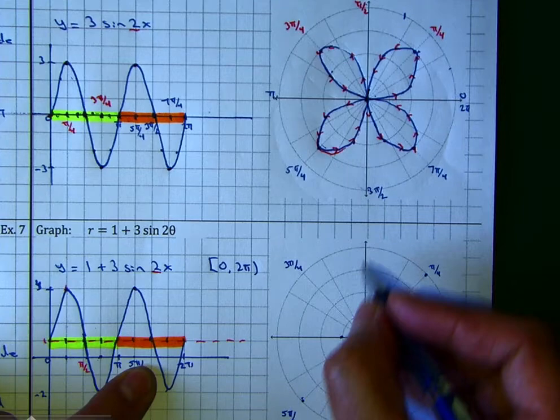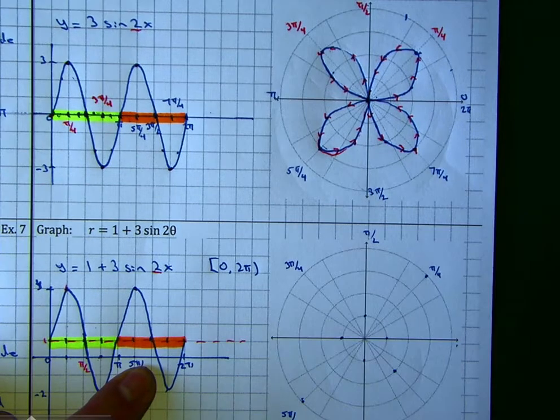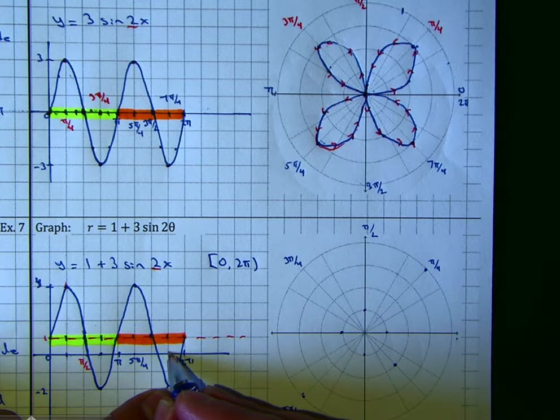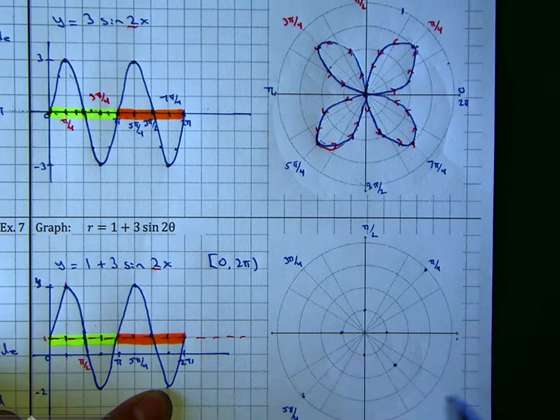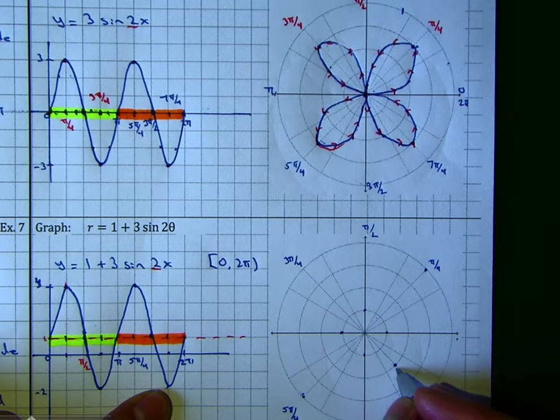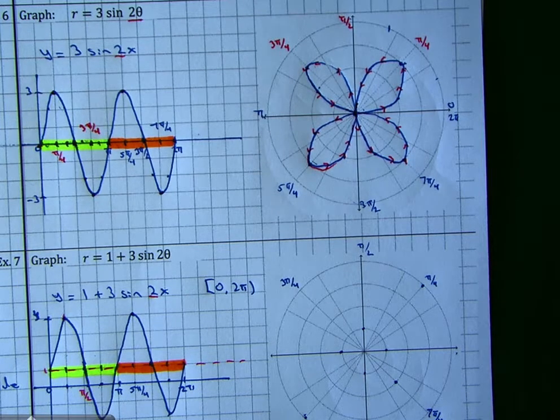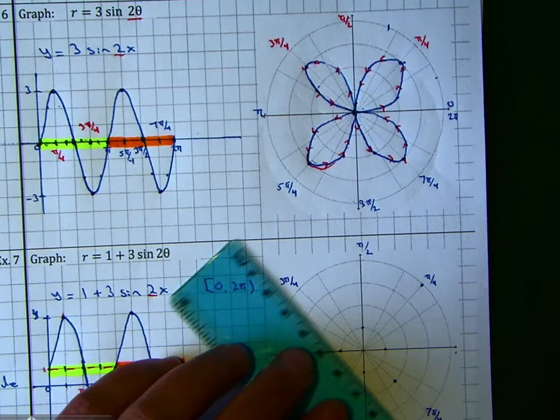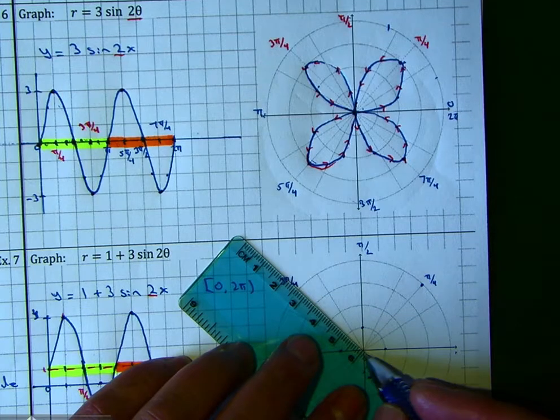This is pi over 2, 3 pi over 2. This will be 7 over 4, which is negative 2. So 7 pi over 4 is negative 2. So therefore, we are going to shoot it backwards. Negative 1, negative 2.